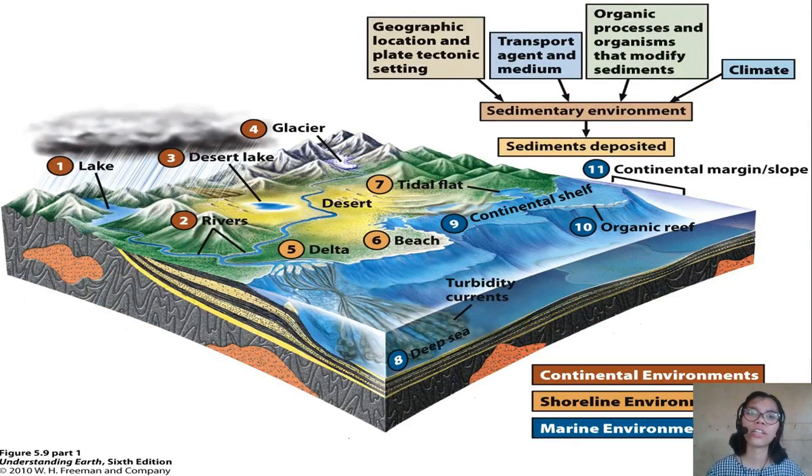So from the geographic location and plate tectonic setting, the transport agent and medium, organic processes and organisms that modify sediments and climate. Also, we have the sediments deposited. And also we have the continental environments, shoreline environments, and marine environments.